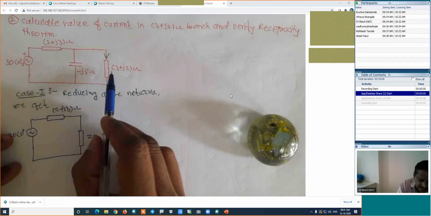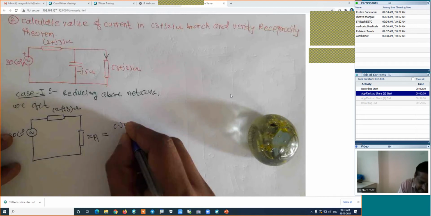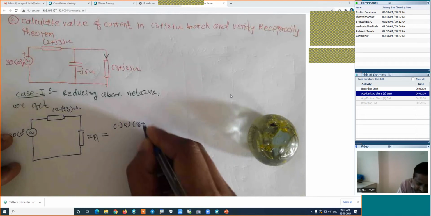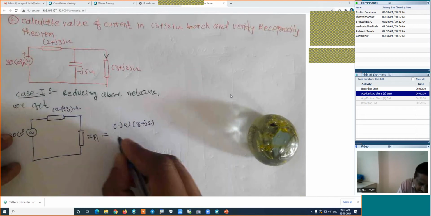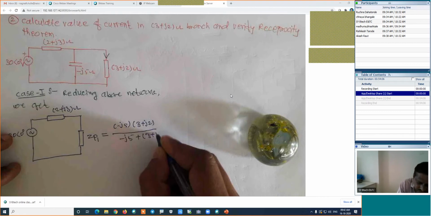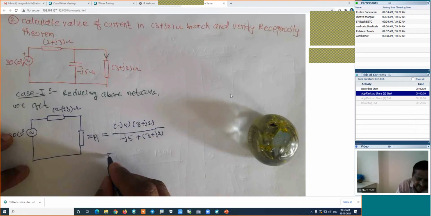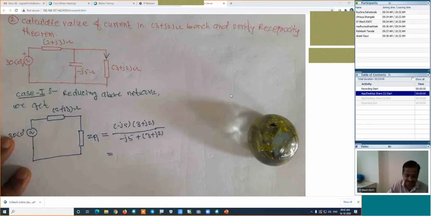Z1 into Z2 divided by Z1 plus Z2, which means minus J5 into 3 plus J2, this total divided by minus J5 plus 3 plus J2. I will find its value.